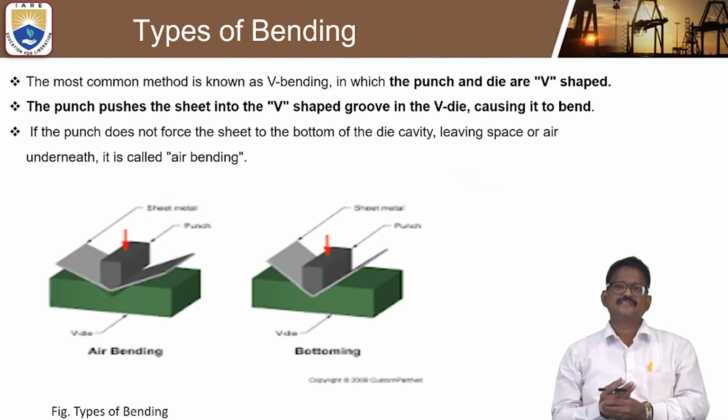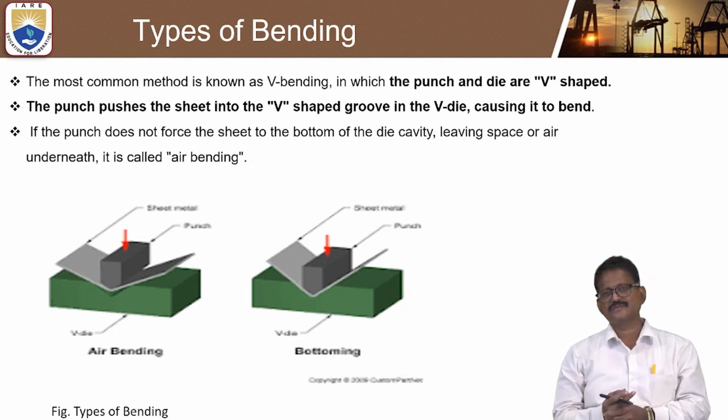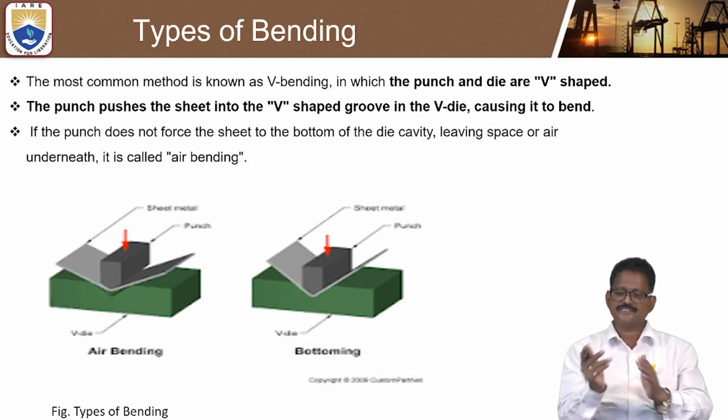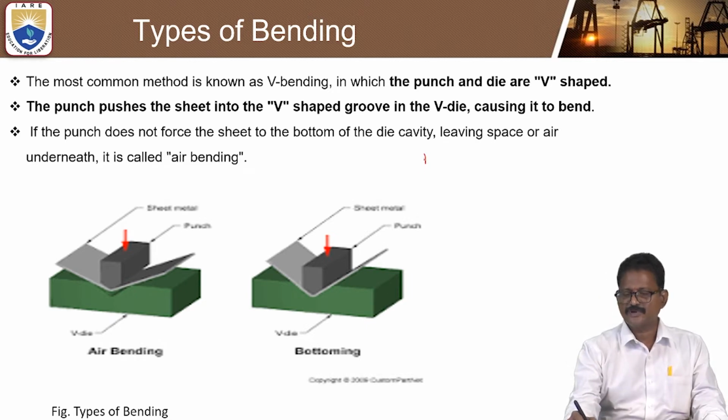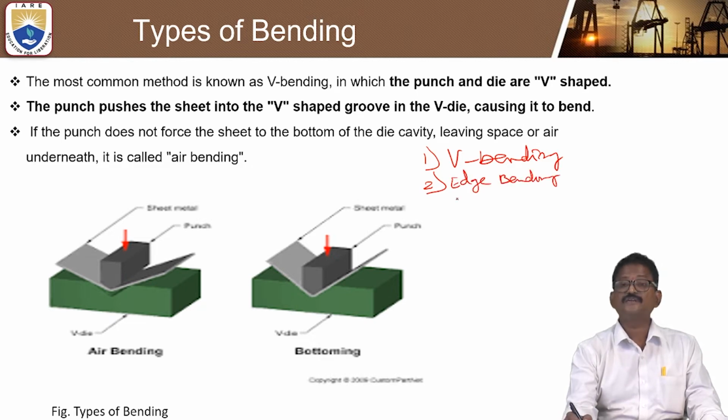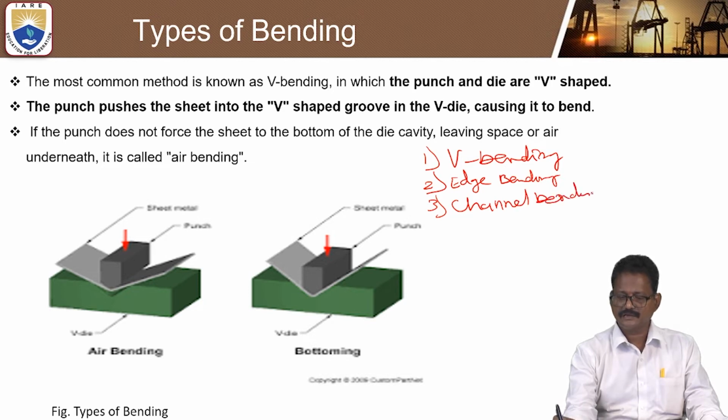Let us see the different types of bending process: V bending, channel bending, edge bending. The first and foremost is V bending, the second is edge bending, the third and fourth are channel bending and air bending.